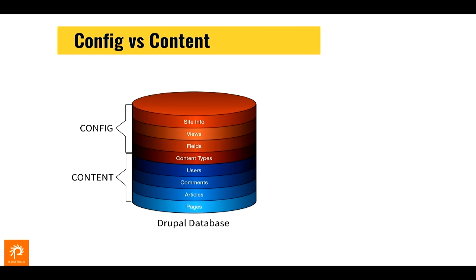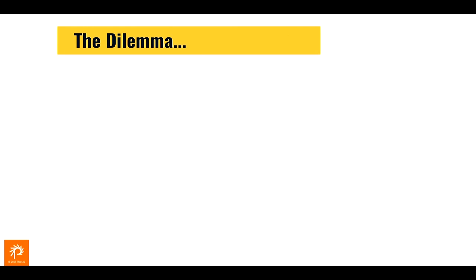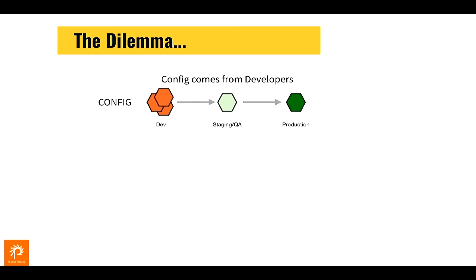So to start with, let's quickly review the problem we're trying to solve here. And this has been a problem with every CMS, including Drupal, for a long time. And the problem is we have this giant database, and in that database you have a lot of stuff. And some of that stuff is content, and some of that stuff we call configuration. Your configuration is created by developers.